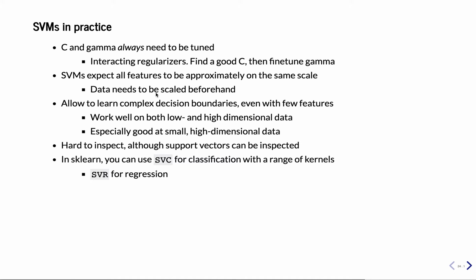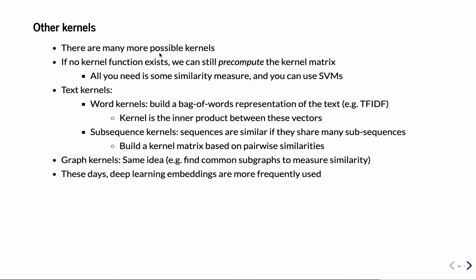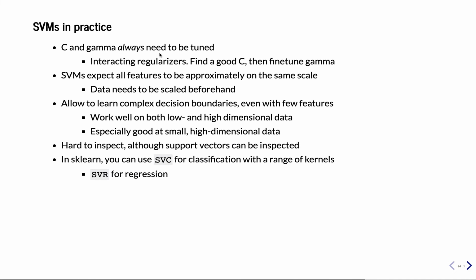And because they interact, if you would actually plot the response surface for different values of C and gamma, you would often see that lower gamma requires something like this. So this will be your optimal region. Typically, it's some ridge in this space.